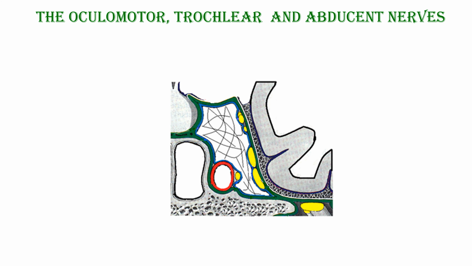We are continuing now with the course of these nerves. In the course, the relation of these nerves within the cavernous sinus, you can see there is an intimate relation between the three nerves. They are going in the same direction with the same relation to the parts of the brain and the intracranial structures.